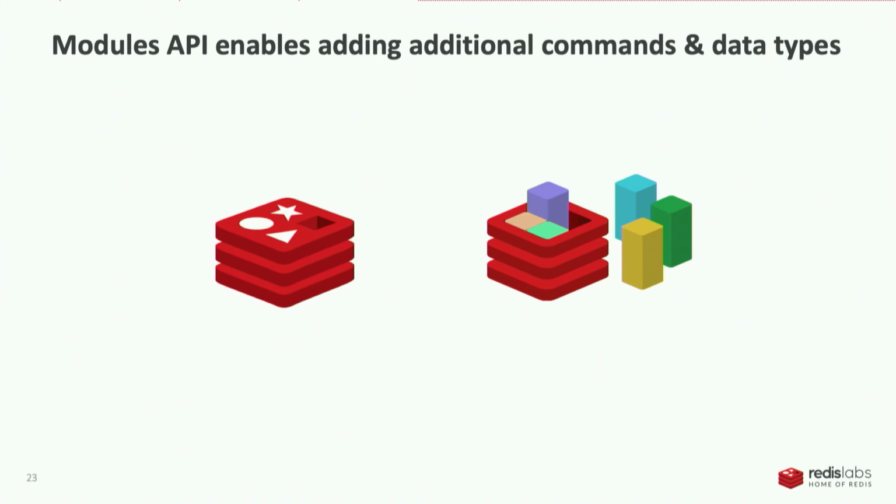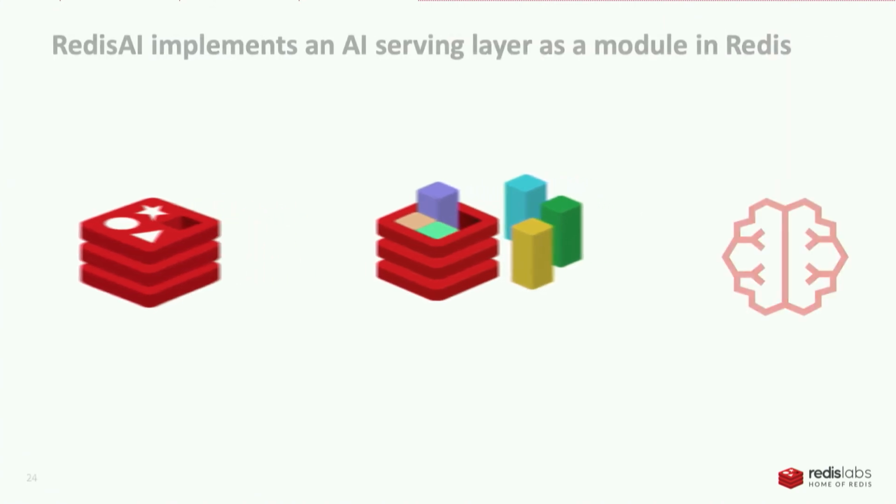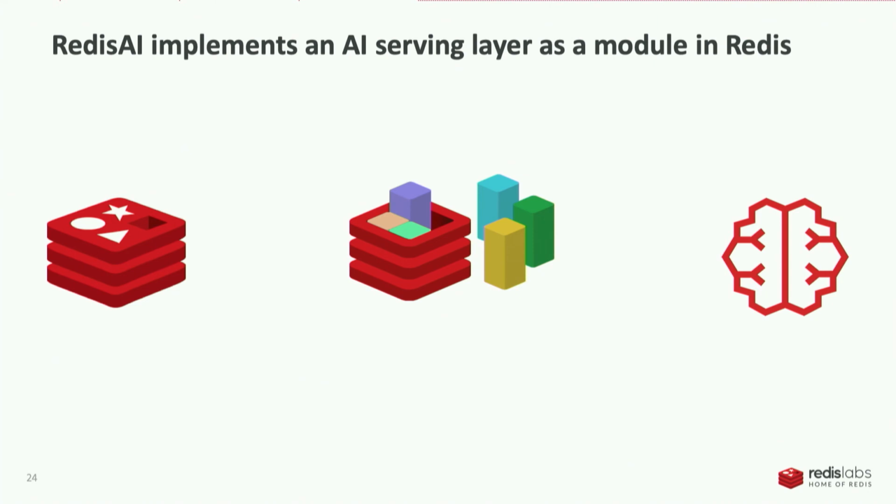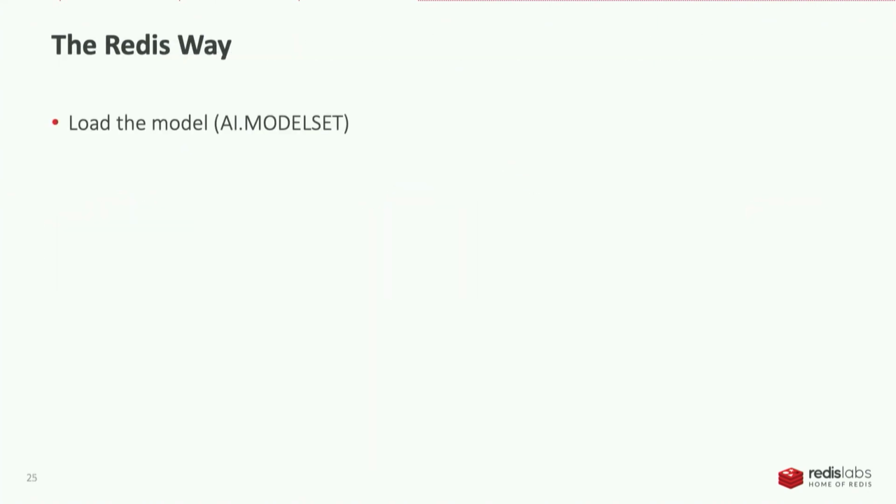Modules follow the same model. They provide you with other different commands. And the AI module is no different. There is a command available which you can call from any language, Java, Python, Julia, R, whatever language you have, saying this is my model, pick it up and load the model.